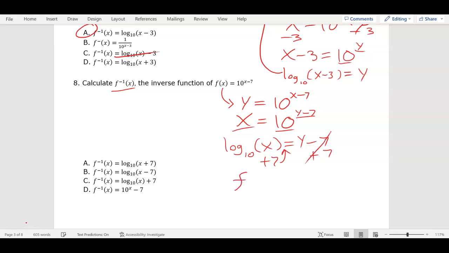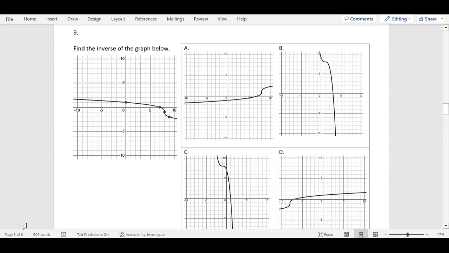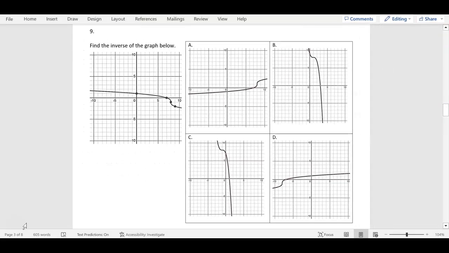So I'll write it as an inverse. F inverse x equals log base 10 of x, and the plus 7 goes after it. So it's definitely not A. The 7 was not already there before we did the log. It was after.